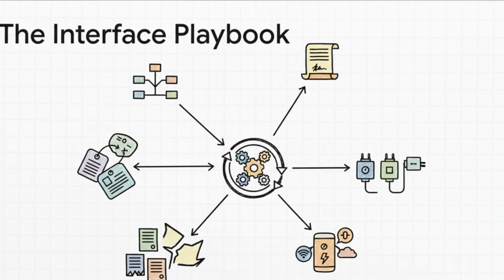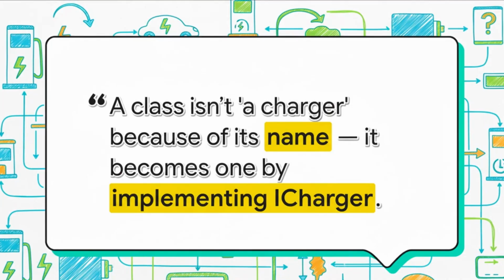The whole magic that makes it work is this idea of polymorphism. And I want to leave you with this really powerful idea from the source material. A class isn't a charger just because we call it that. No, it becomes a charger by implementing the iCharger interface. It earns that title by signing the contract.